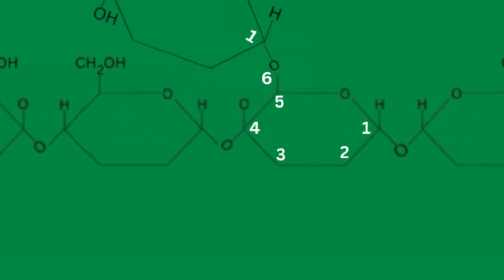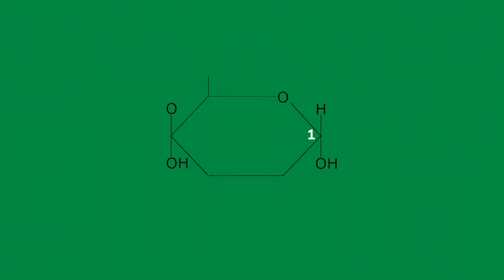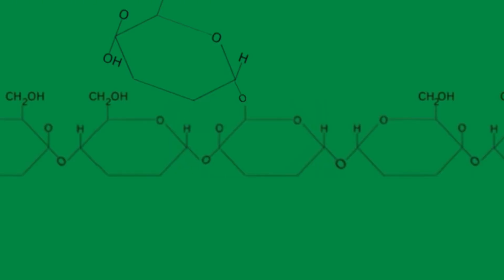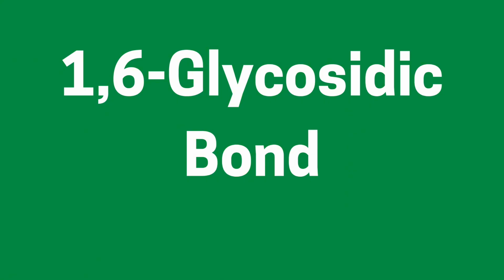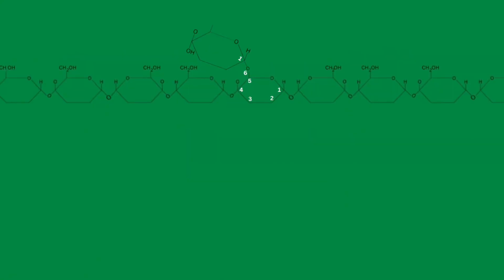If you look at it closely, you can see the top monosaccharide's first carbon, its hydroxyl group, is reacting with the sixth carbon of the saccharide on the bottom. So that's why we call it a 1-to-6 glycosidic bond. It's just illustrating the position of what's reacting. So this reaction could continue going, and you'll notice it's branched off.